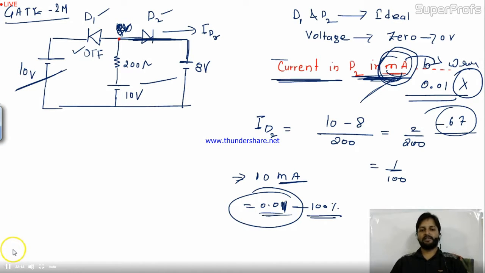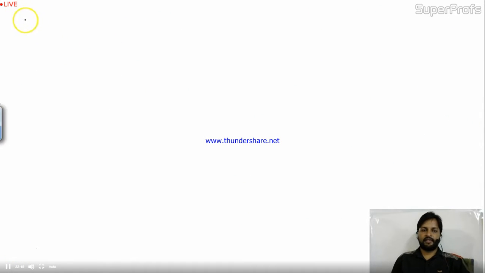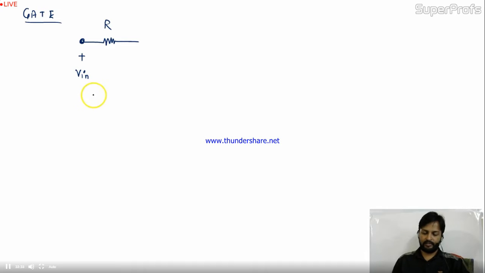I'll take another one and then we'll switch to the clamper circuit. The question given is, this is again a GATE problem. Here I applied the input V in. In this branch I have a diode circuit, diode D1 connected in this way.